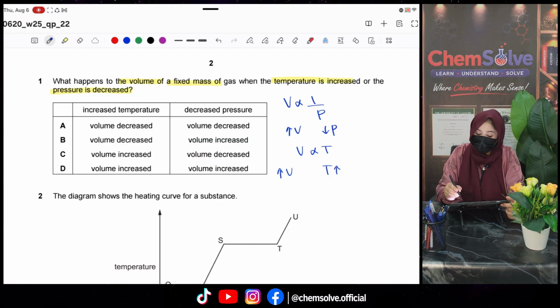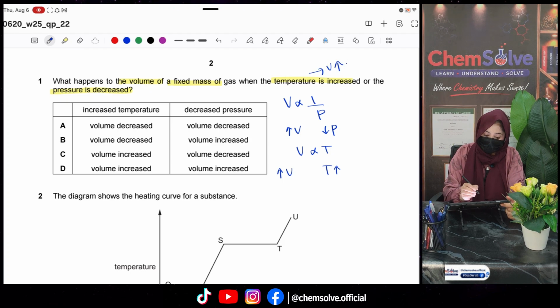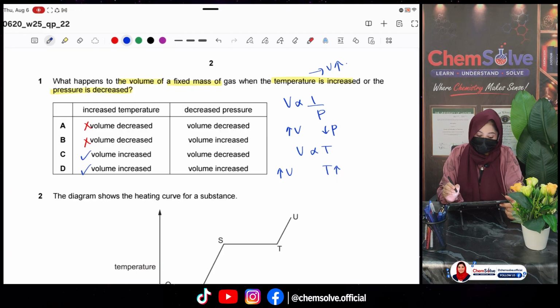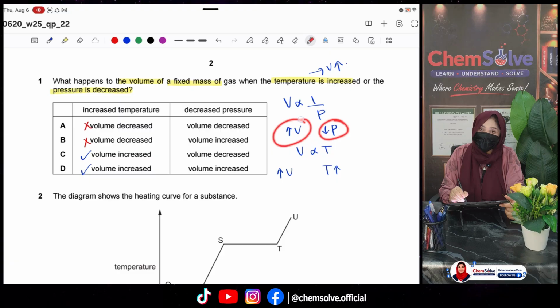So when the temperature is increased, then volume should also increase. So we should choose the option that says volume increases. That's why these two options which say that volume decreases are the wrong ones. So we have to choose either C or D. Now let's see the other column. When the pressure is decreased, then the volume must increase.